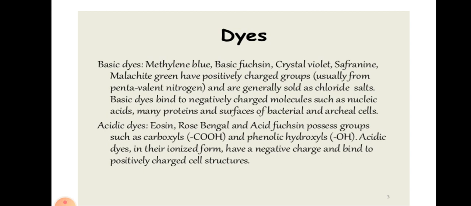They are used to stain the cytoplasmic components which are more alkaline in nature. Examples of acidic dyes are eosin, rose bengal, acid fuchsin, which possess groups such as carboxyl and phenolic hydroxyls. Acidic dyes in their ionized form have a negative charge and bind to positively charged cell structures.